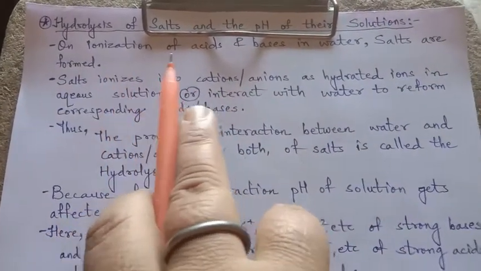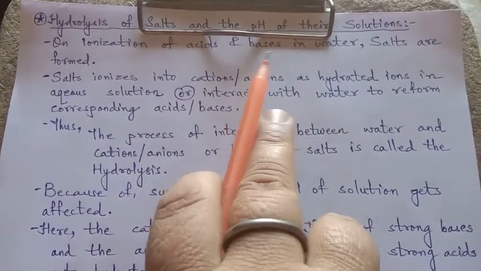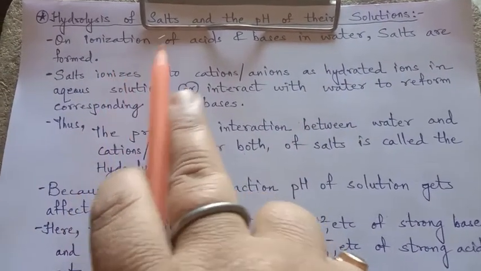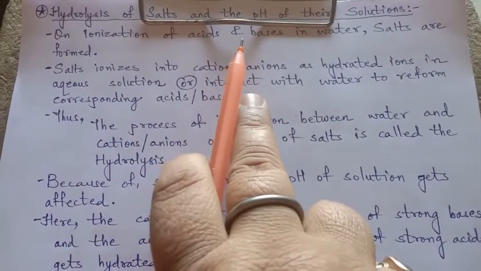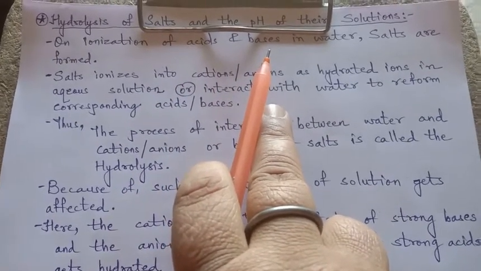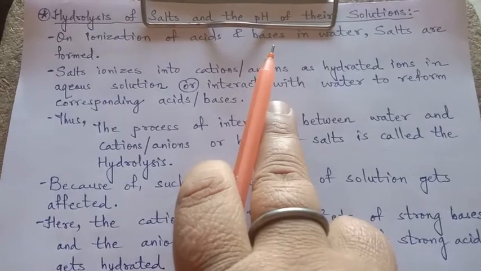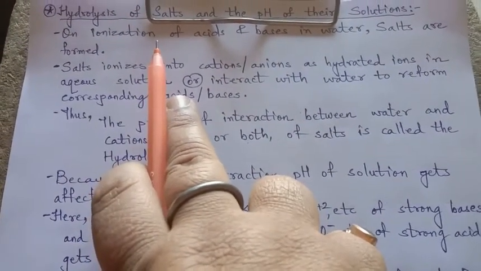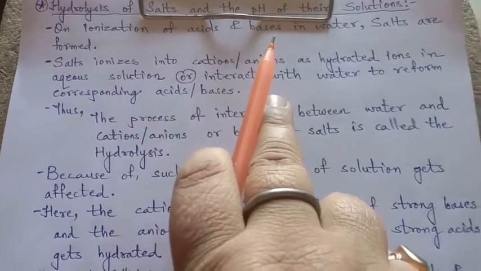On ionization of acids and bases in water, salts are formed. We know that the neutralization reaction takes place when acid and base react with each other and formation of salts takes place. In other words, we can say this also: ionization of acids and bases in water.